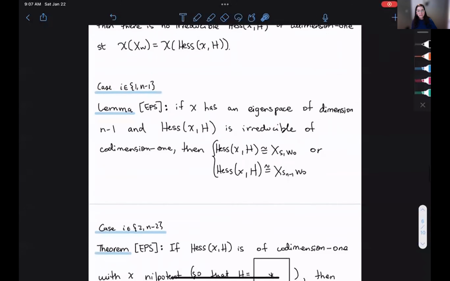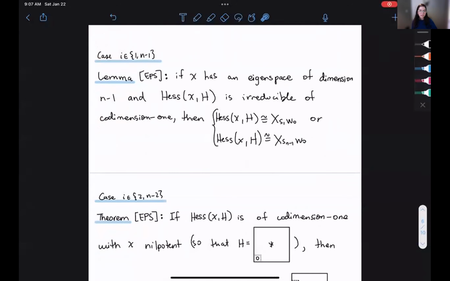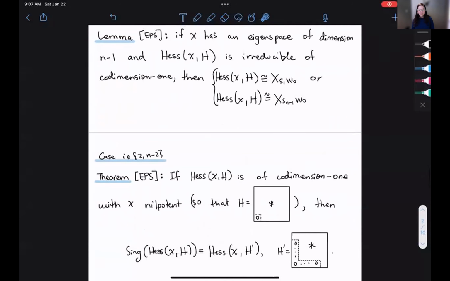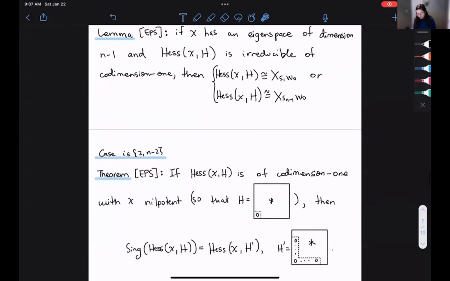Now the case i equals 2, n minus 2, here is where we use the singular locus of each of the varieties. Okay. So we were able to give a characterization of the singular locus of some Hessenberg varieties of codimension 1.